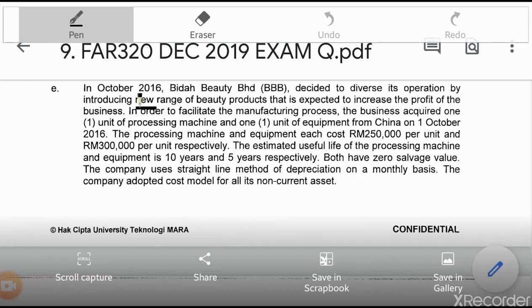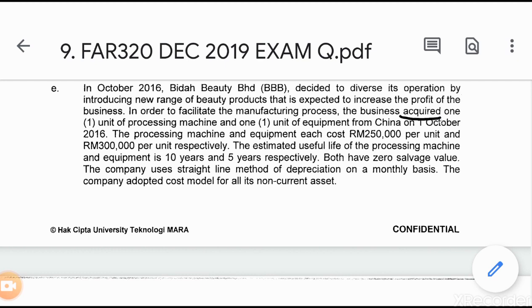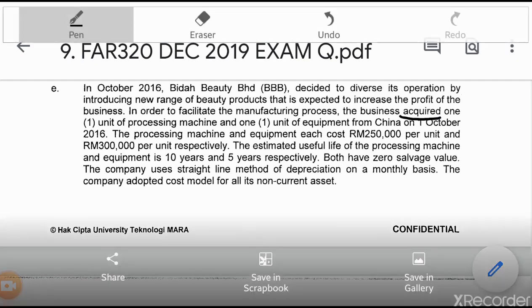If you read, on the 1st of October, BWT decided to diversify its operation by introducing a new range of beauty product that's expected to increase the profit. Therefore, in order to facilitate the manufacturing process, the company acquired. So the word acquired means you purchase one unit.